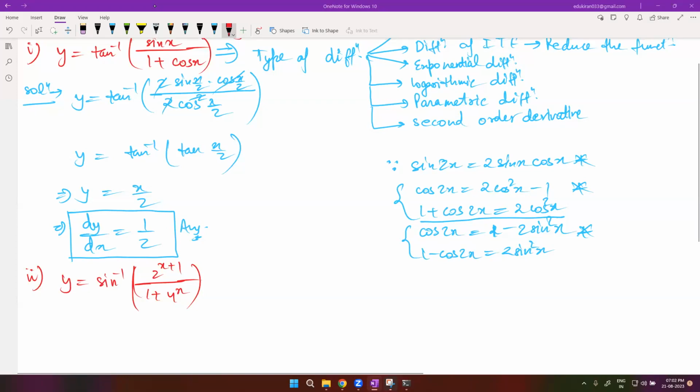Yeah. So in all other functions, which may include your algebraic function, exponential function, or any kind of function other than trigonometric function, you will have to use substitution.